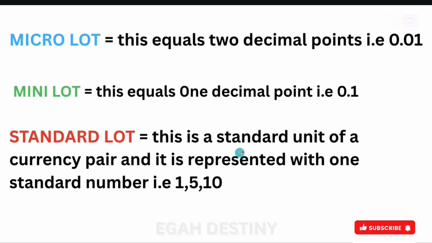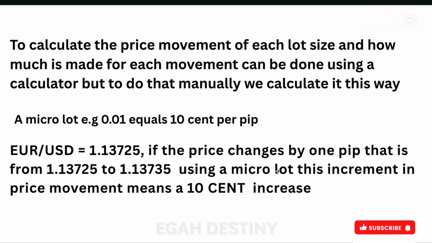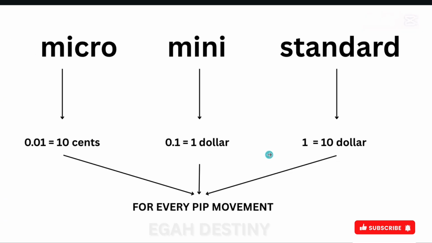Standard lot is a standard unit of currency pair that is represented with one standard number. And I gave how to calculate it and a visual representation. This is graphical. When you have this stored in your mind, you understand how to go about the first market in regards to lot size.